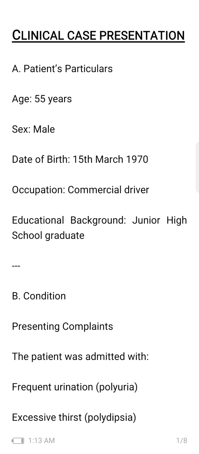So the first one that we will include is the patient particulars. The next one is the condition of the patient. In writing the condition of the patient, the things you have to include are the complaints of the patient, assessment findings. Assessment finding is normally done objectively.